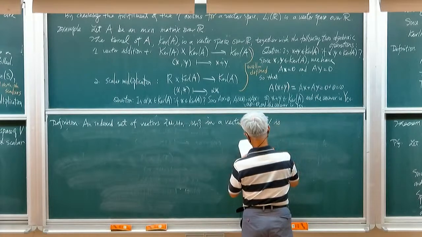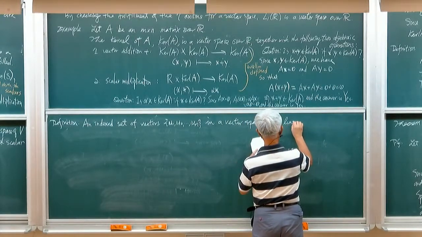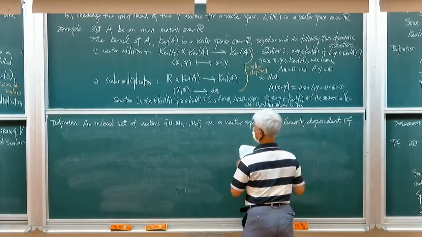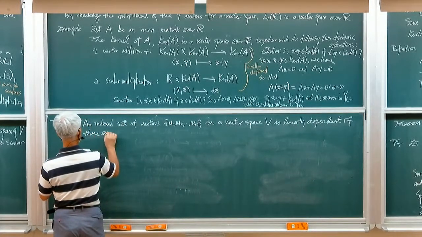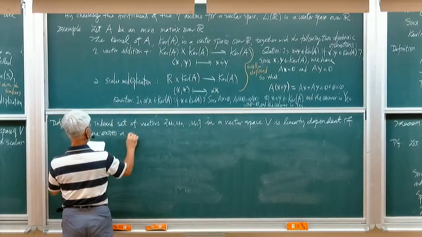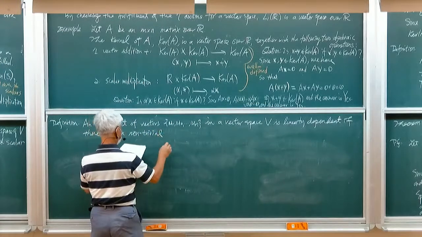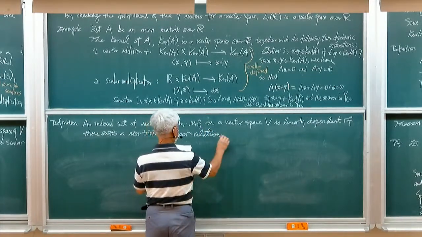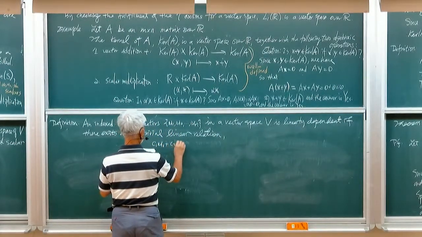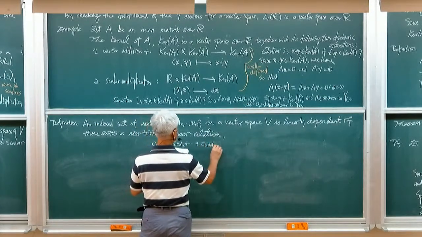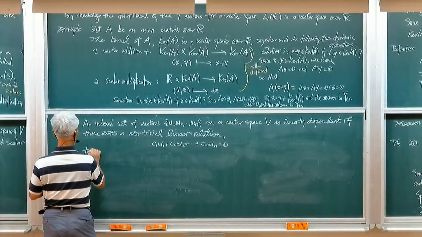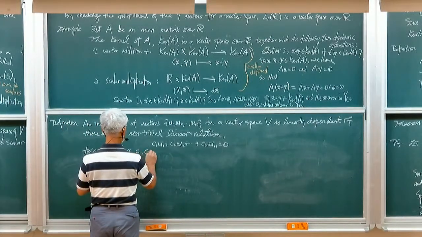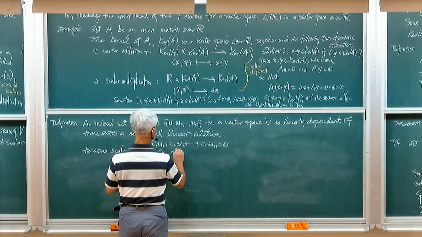Now this indexed set of vectors in a vector space V is linearly dependent if there exists a non-trivial linear relation C1 U1 plus C2 U2 plus ... plus Cn Un equal to 0 for some scalars C1, C2 up to Cn, not all zeros.